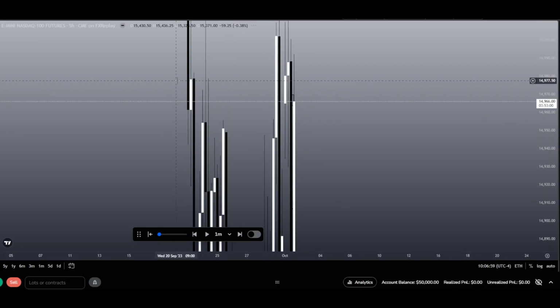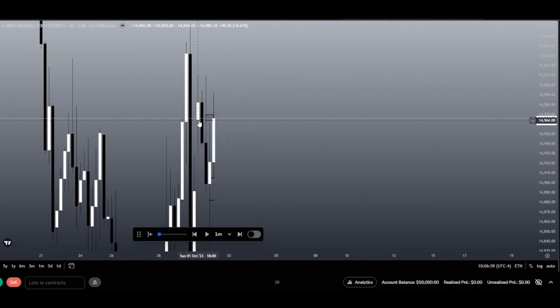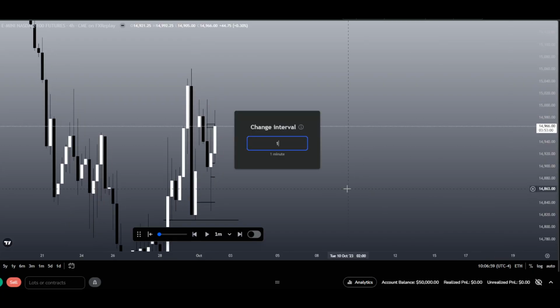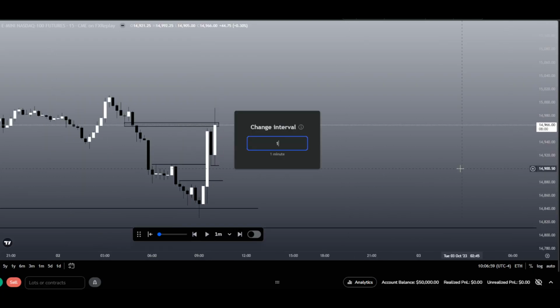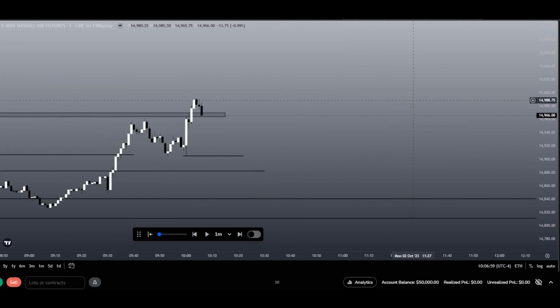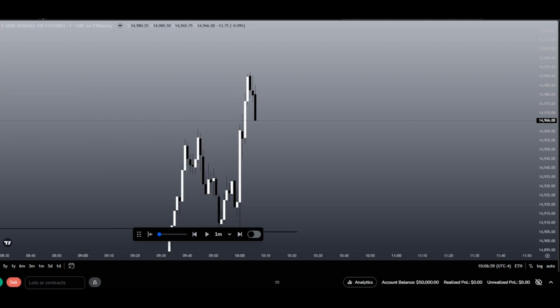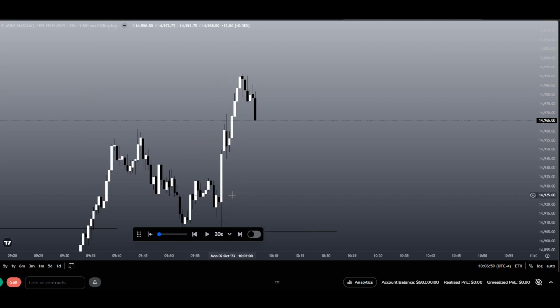4-hour order block. Wait, actually no, not 4-hour order block. I lied. 15-minute SIBI internal high. I'd probably wait for these 30 seconds to break, just because they're pretty significant.